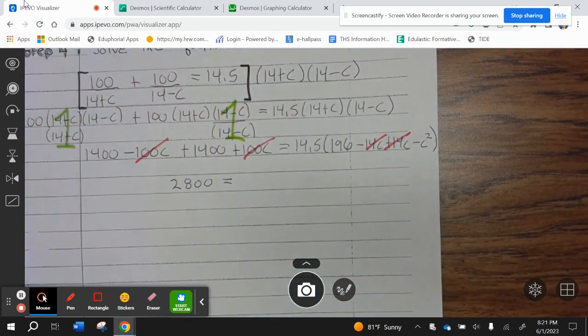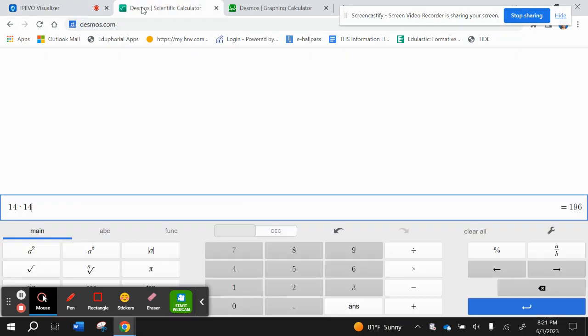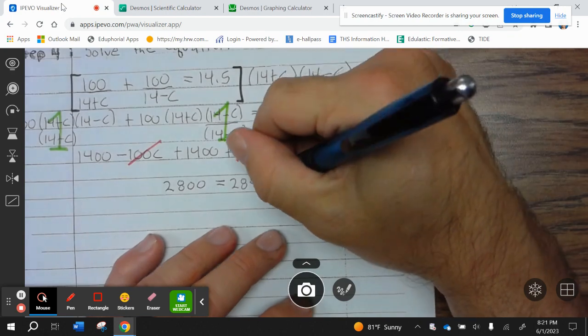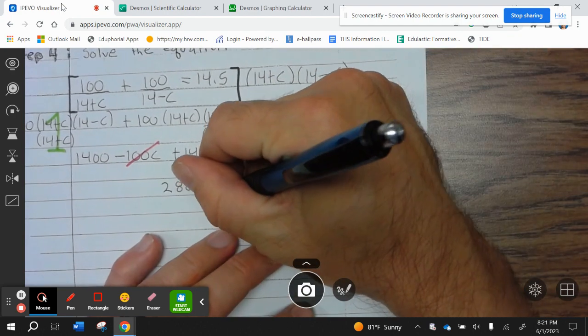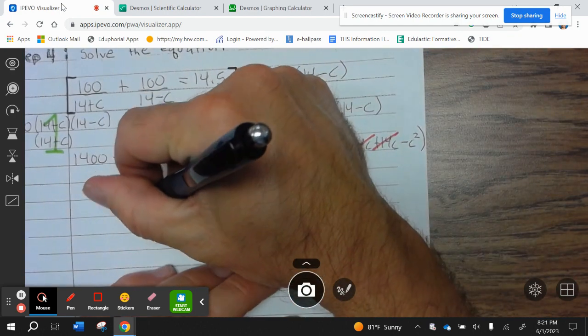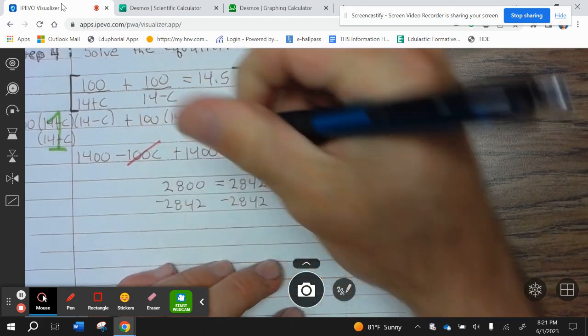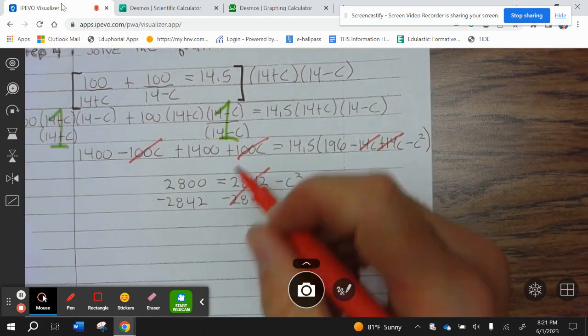equals, let's go ahead and multiply 14.5 times 196 is 2842 minus C squared. Subtract 2842. That cancels.